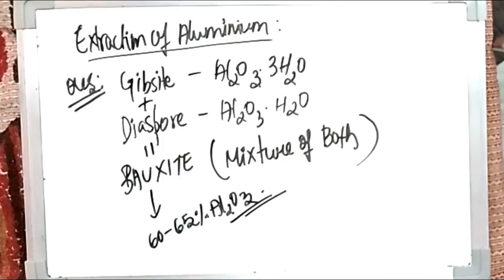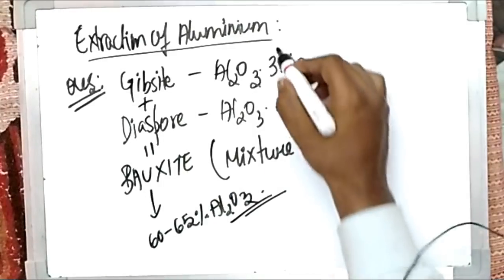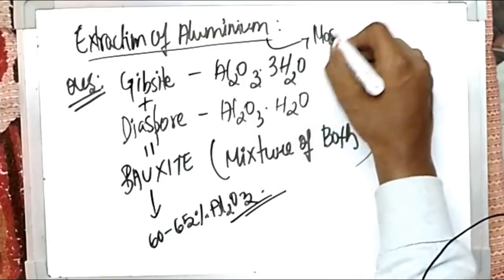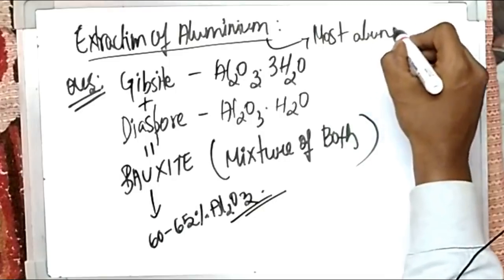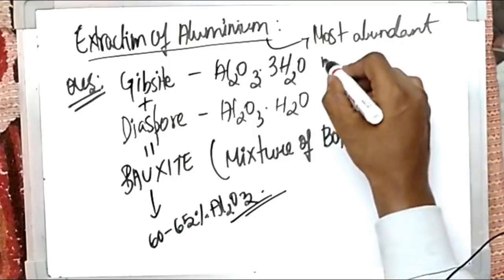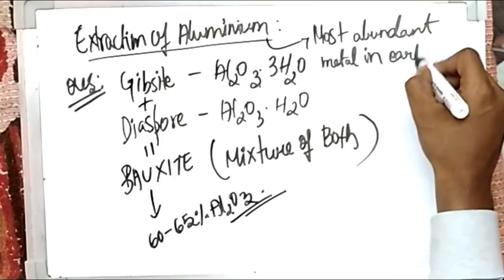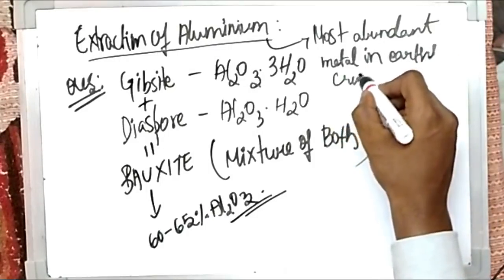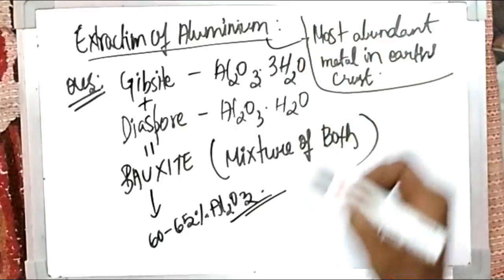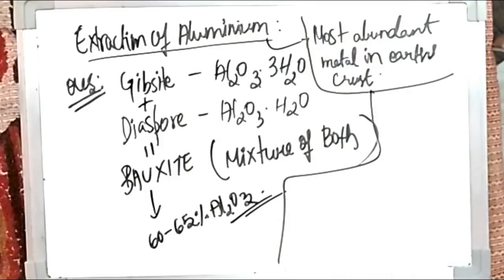Aluminium, we know, is not one of the, but the most abundant metal that is present in the Earth's crust. It has lots and lots of good properties.